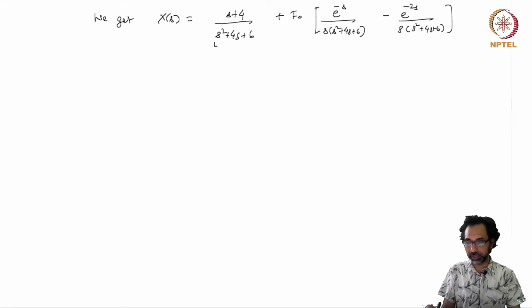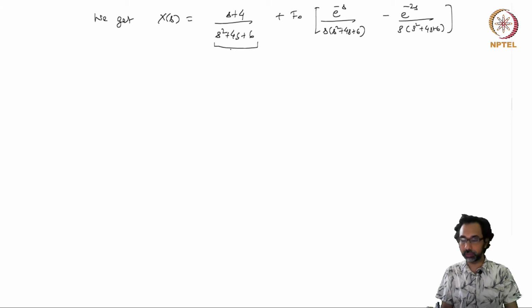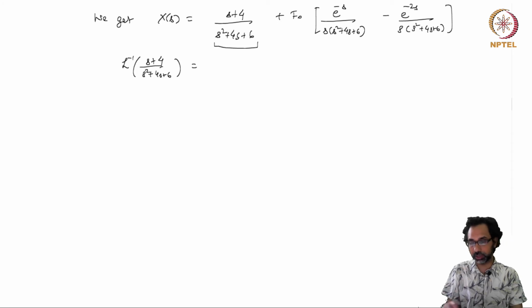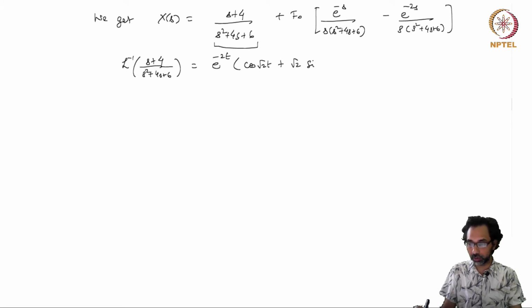So the first term is simply the one we got before, and we had computed the inverse Laplace transform for this, which was s plus 4 over s square plus 4s plus 6, and the inverse Laplace transform was e to the power minus 2t times cosine square root 2t plus root 2 sine of square root 2t.